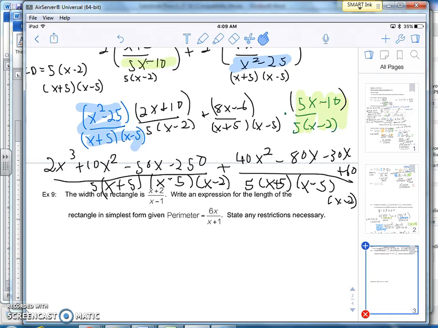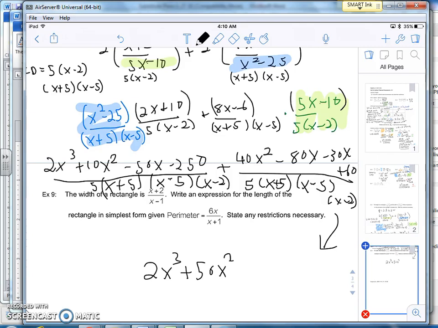Alright, let's put our like terms together. I'm going to end up here in example 9. I apologize. There's only one cubic on top, so we've got 2x to the third. I got a 10x squared and a 40x squared, so that's 50x squared. And I just can't get it in the right spot today, sorry. I have a negative 50x, a negative 80x, and a negative 30x.